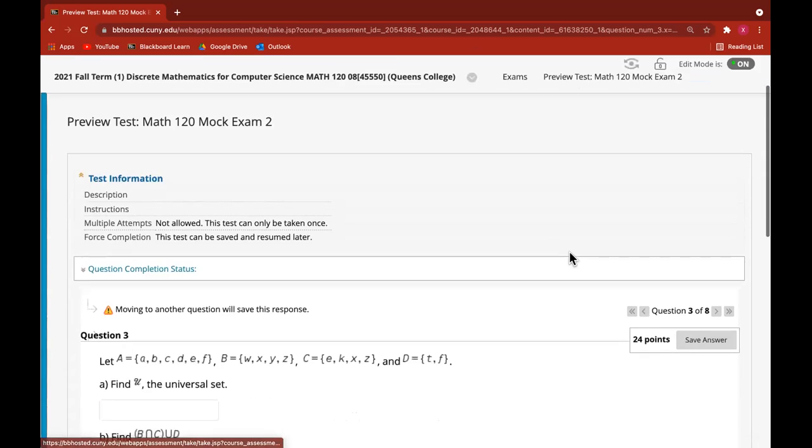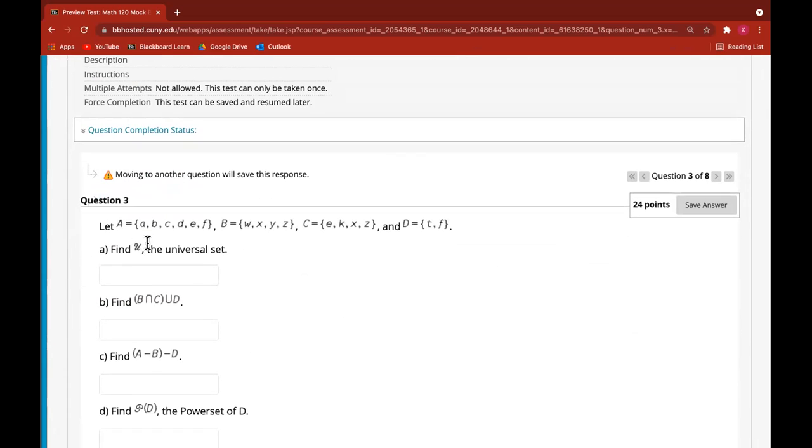Okay, next. So here we have 4 different sets, and the first question asks what's the universal set? Well, we know the universal set is the set containing all the elements that appear in the question. So you just take down all the elements.